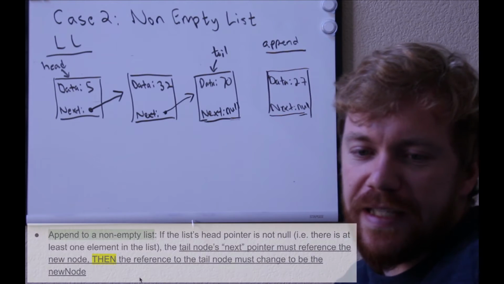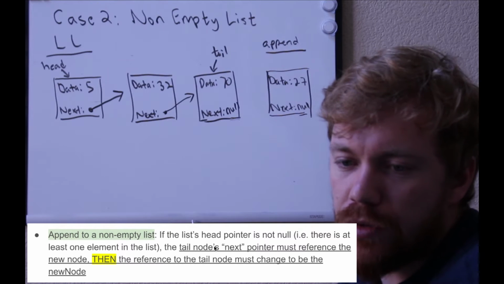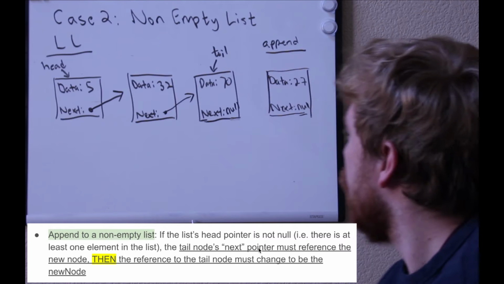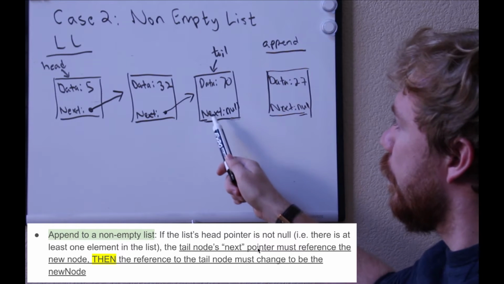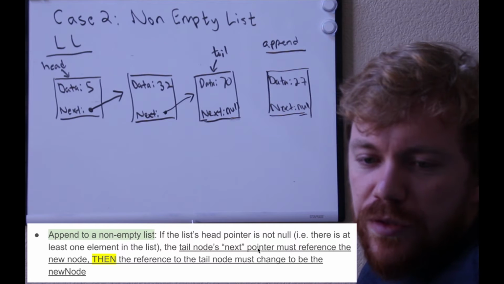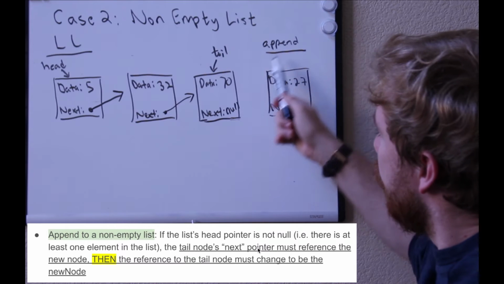So if we look at the steps of what to do, it says the tail node's next pointer or variable, this guy, must reference the new node. This guy.